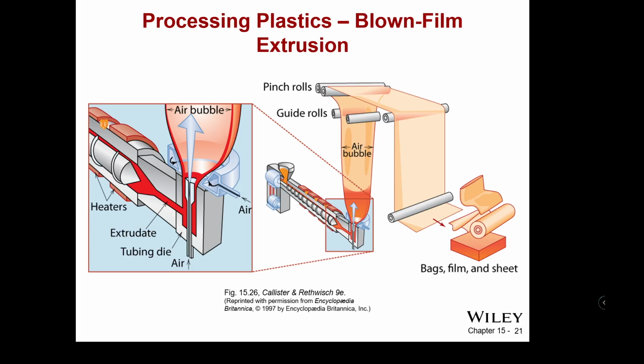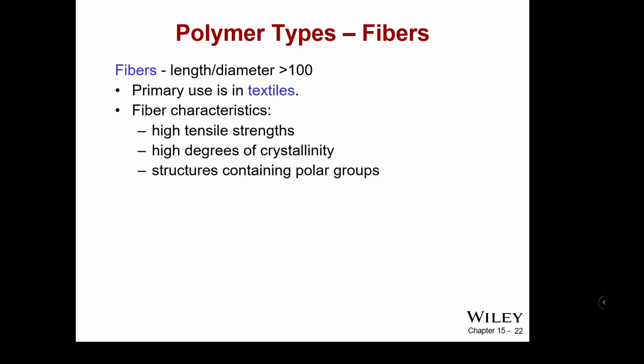There's an air gas passage that creates this air bubble, and then it gets pinch rolled. So bags, films, sheets, plastic foil, all sorts of things like that are done that way.